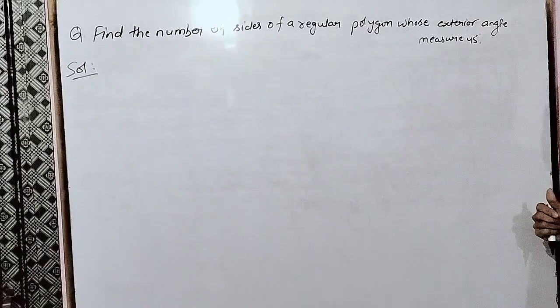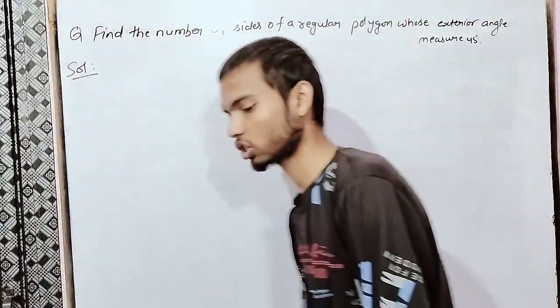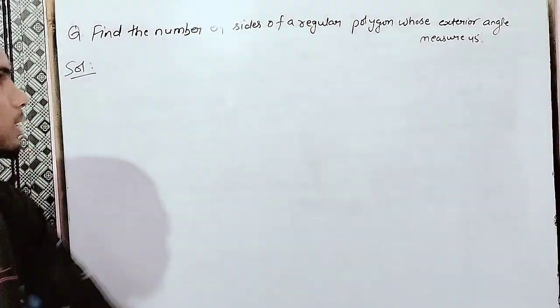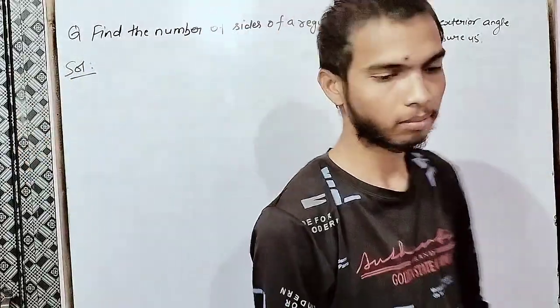Our exterior angle measure is how much? 45. I think it would be each exterior angle. Yes, this is each exterior angle.